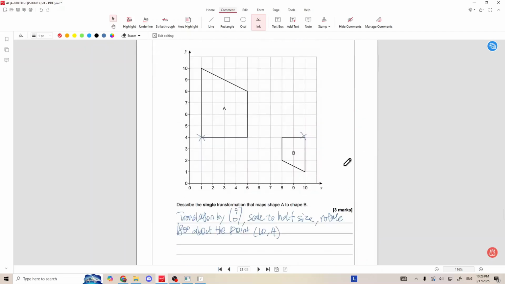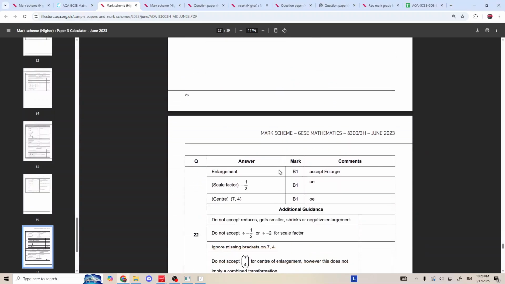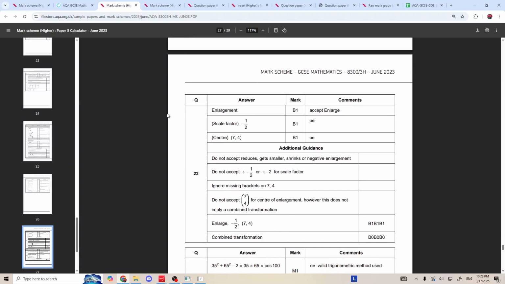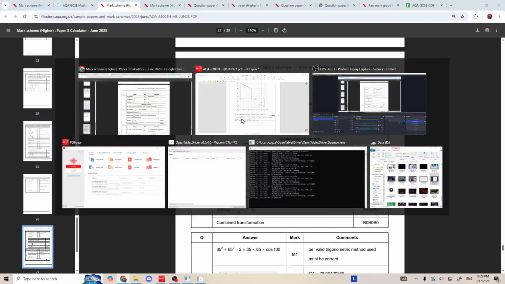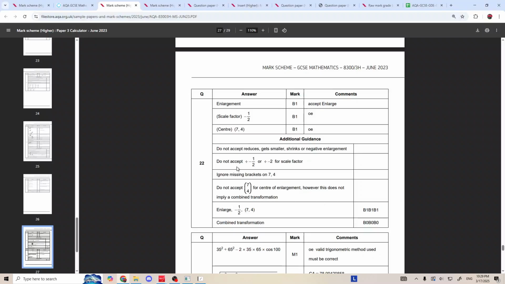This is a question that I'm probably going to get 0 on because I don't actually know what they wanted. Let's see. Enlargement, scale factor -half, center 7, 4. Oh, scale factor -half. Yeah, translation is not correct. I don't actually understand this.